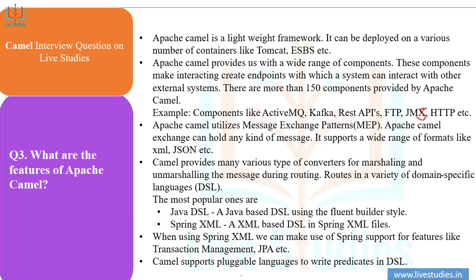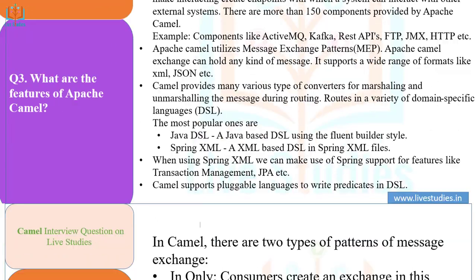Another one is Spring XML, an XML-based DSL in a Spring XML file. When using Spring XML, we can make use of Spring support for features like transaction management, JPA, Java Persistence APIs. Camel supports polyglot languages to write predicates in DSL, meaning domain-specific language. Okay, move to another question.